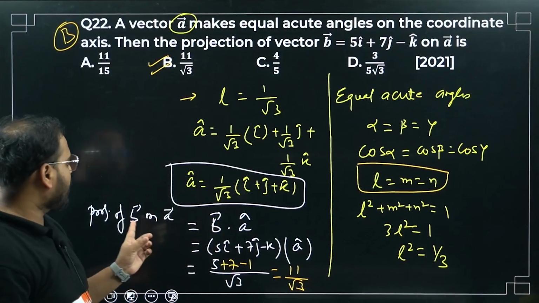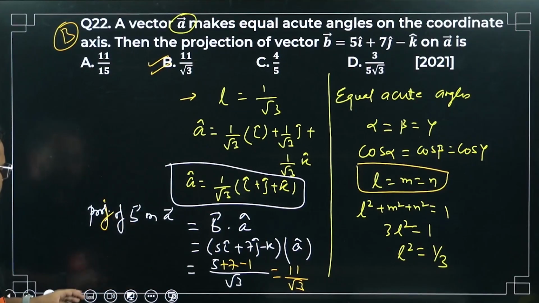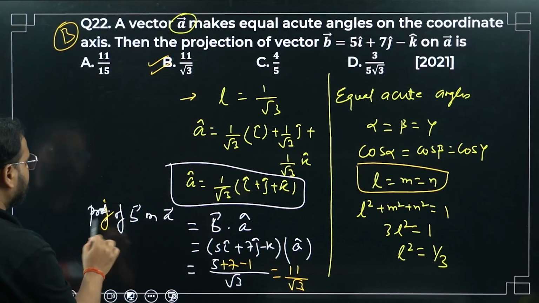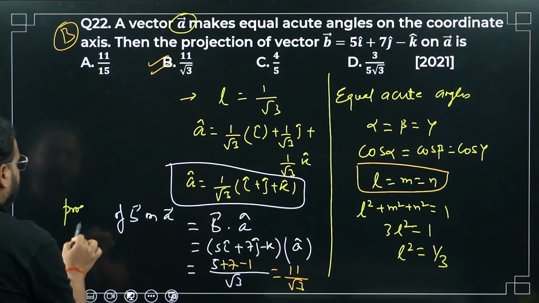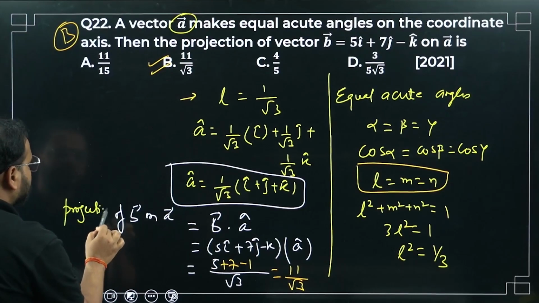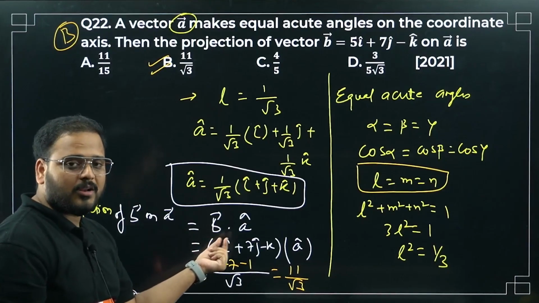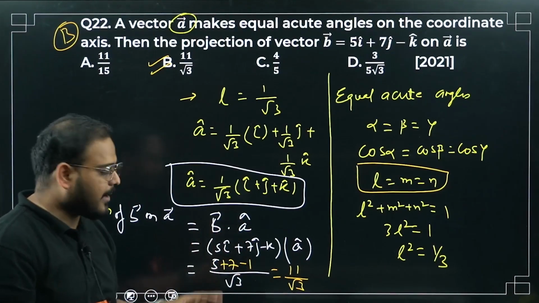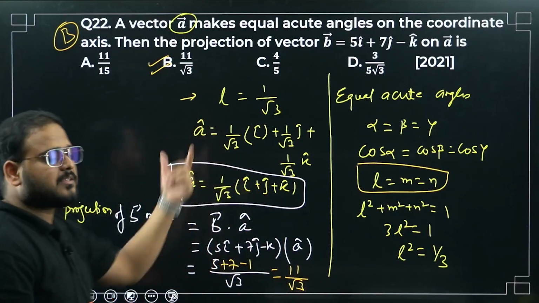They're looking for the projection of vector B on vector A. By definition we have vector B dot A cap. Vector B we know, A cap we know. Dot product is 11 by root 3. Answer is B.